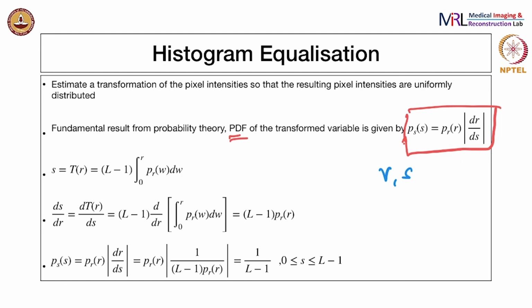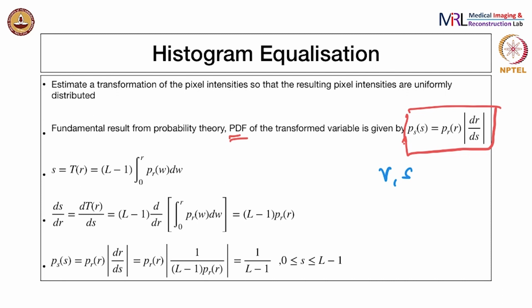So the fundamental result from probability theory is that if you know P_R(r) and T(r) are known, and also that T(r) is continuous and differentiable over the range of values of interest, then the PDF of the transformed variable S can be found.